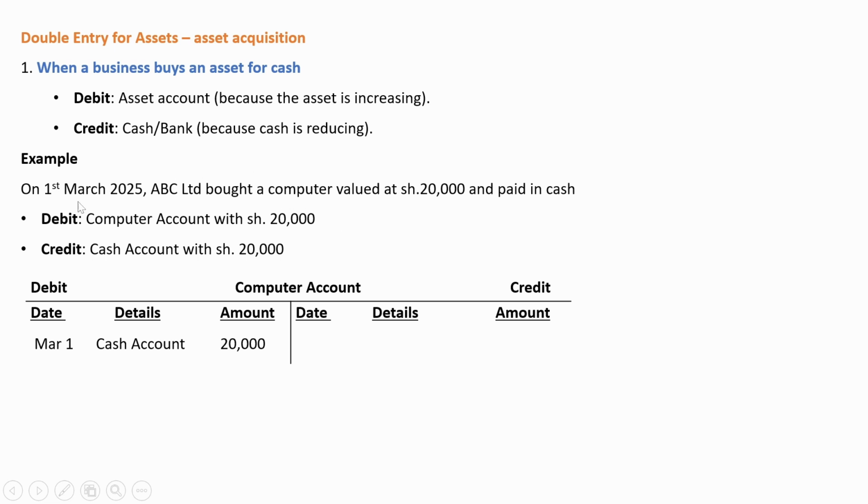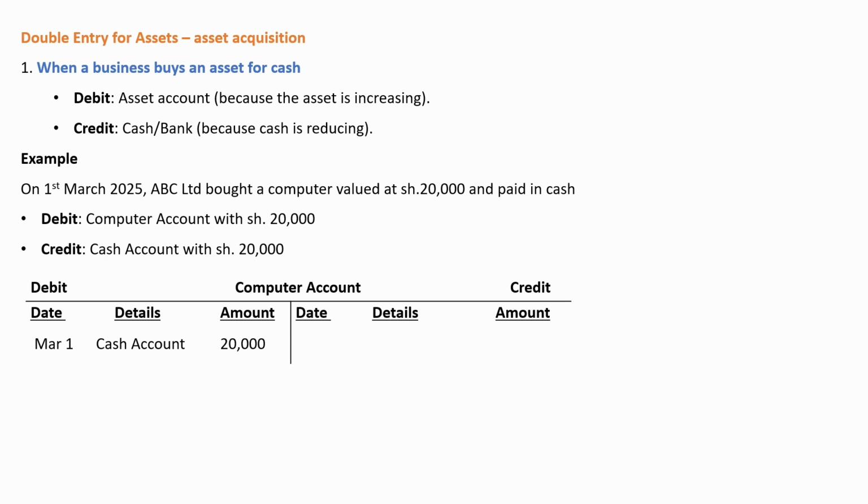Because you are given the date, 1st March, start with that date on the first column on the debit side. When you go to the details, we normally write the name of the other account which was affected by that transaction. So we have said that this single transaction is affecting two accounts, one computer, the other one cash.